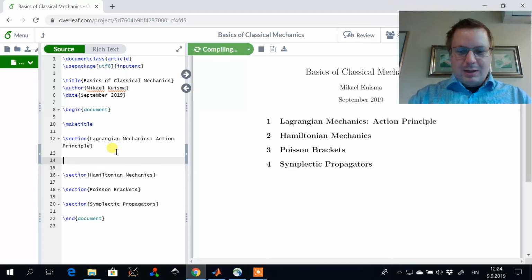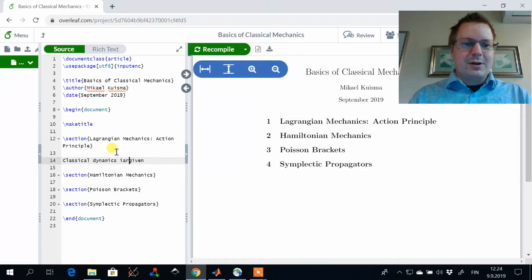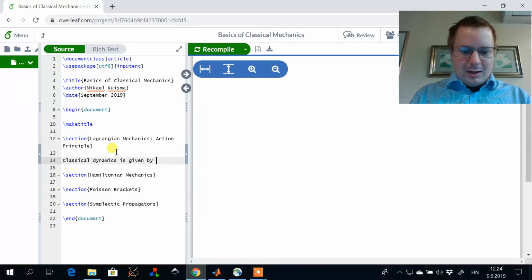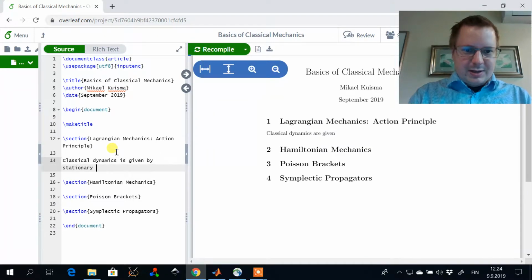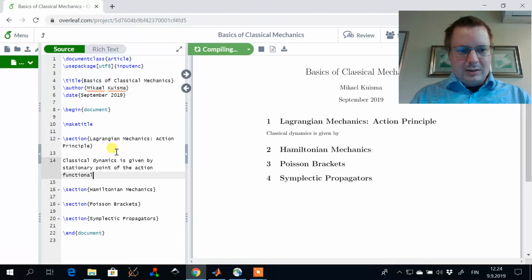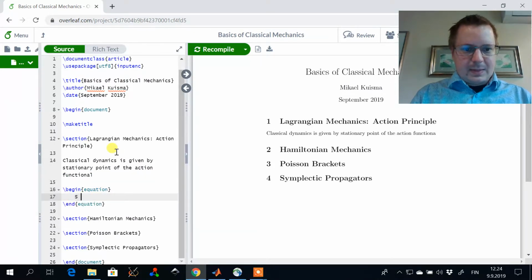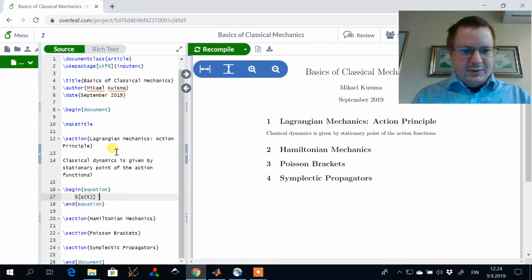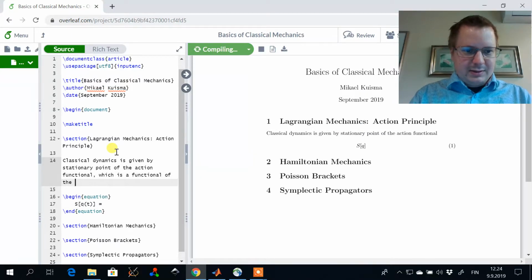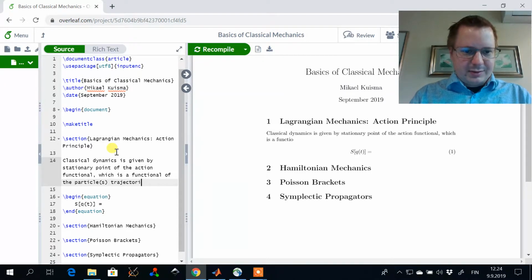So classical dynamics is given by the stationary point of the action functional, and then the action functional is a functional of the particle's trajectories.